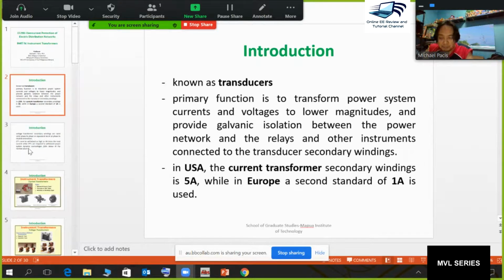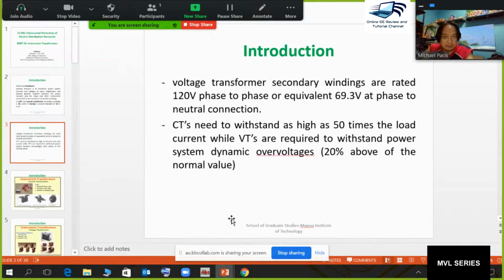Now, let us move forward to the voltage transformers. On voltage transformers, the secondary windings are rated 120 volts. If you divide it by the square root of 3, the answer is 69.3. Now, current transformers need to withstand at least 50 times the full load current.